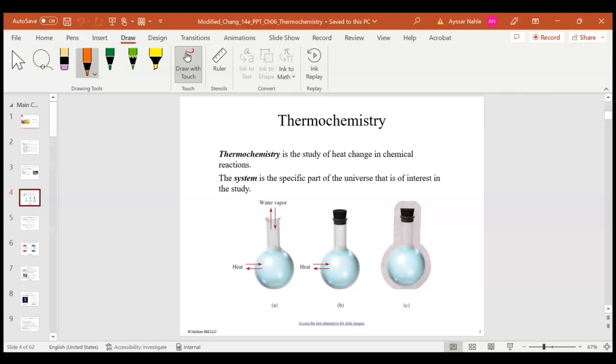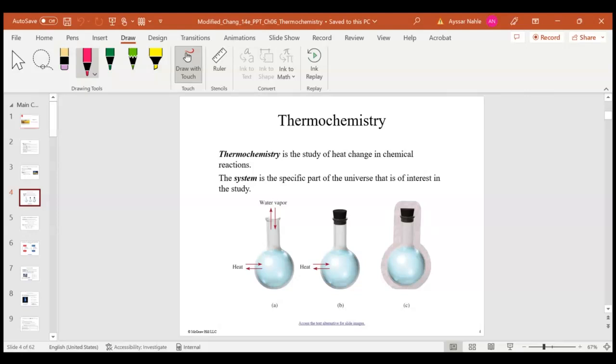Always we have to study a certain system. The system is the specific part of the universe, that means of everything, that is of interest in the study. For example, if I have a solution and I want to study what's inside, this will be my system.